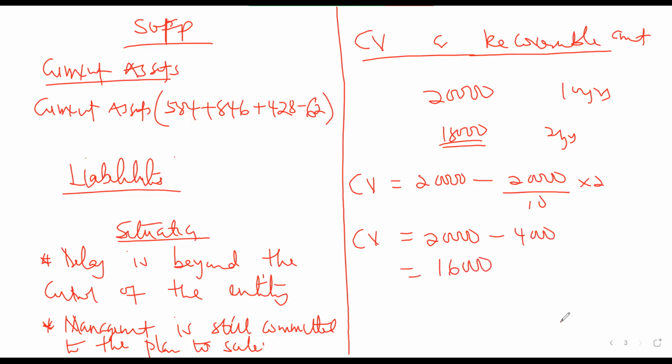So if the classification was not done, the asset should have been carried at 16,000. Now they will give you a recoverable amount, say 15,000. It means that as at this date, the asset has been impaired. The carrying value is higher than the recoverable amount, so you restate the asset at the recoverable amount.